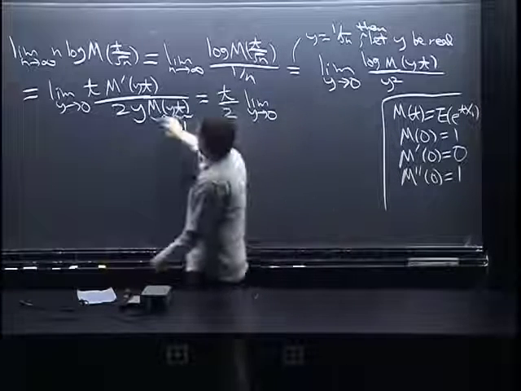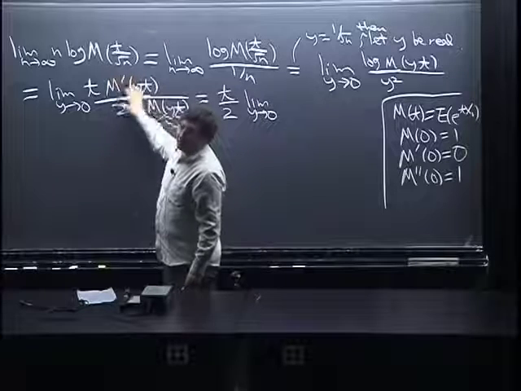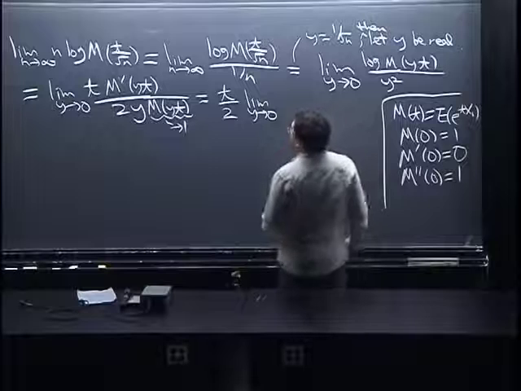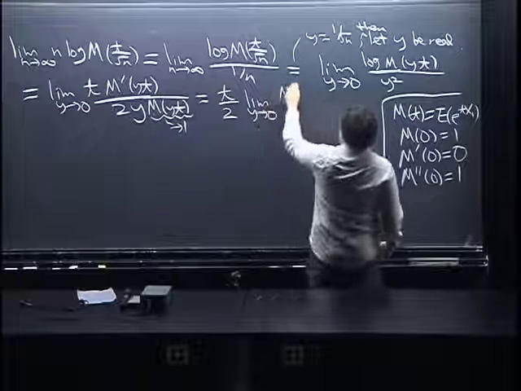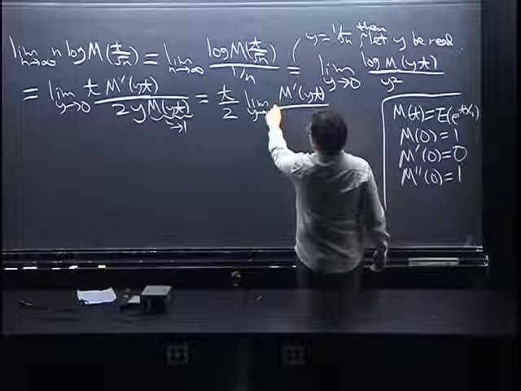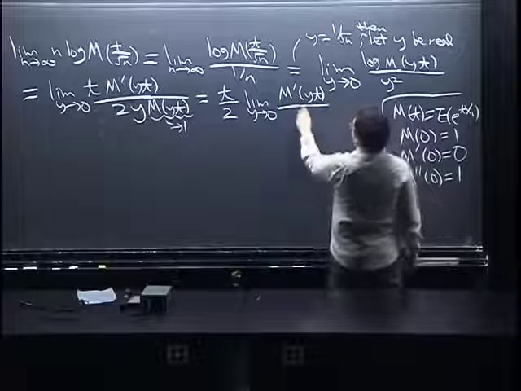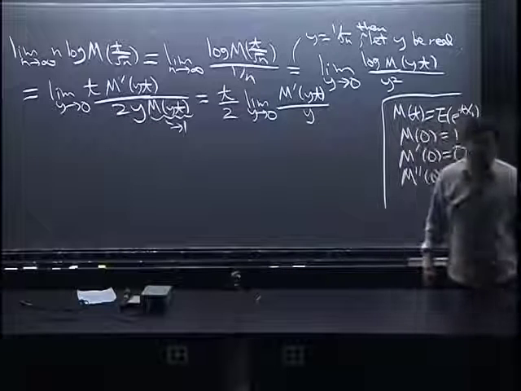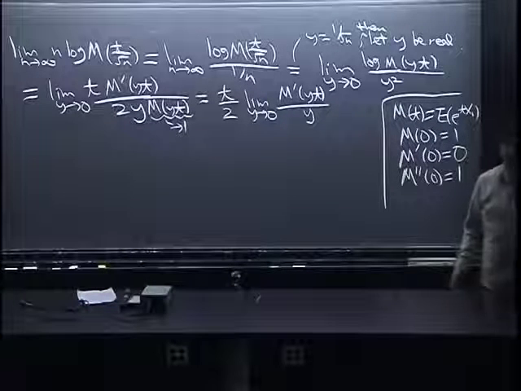I'm thinking of it as the limit of just this part times the limit of the rest of it, but that part's just going to 1, so we can get rid of that. So what's left is the limit of m prime of yt divided by y. Everything else is gone, so it's actually pretty nicely simplified.